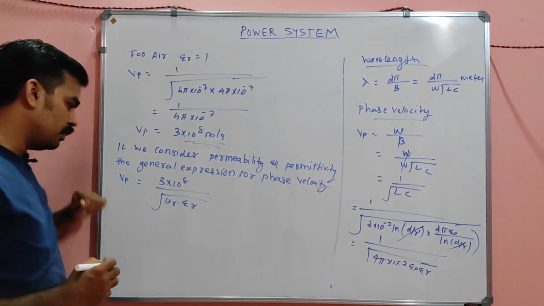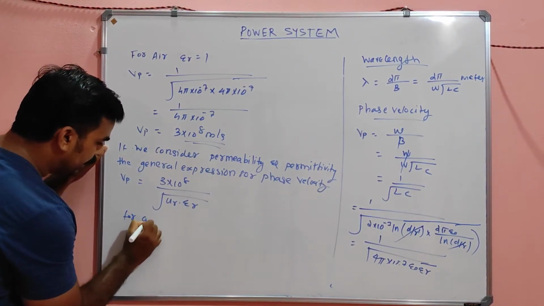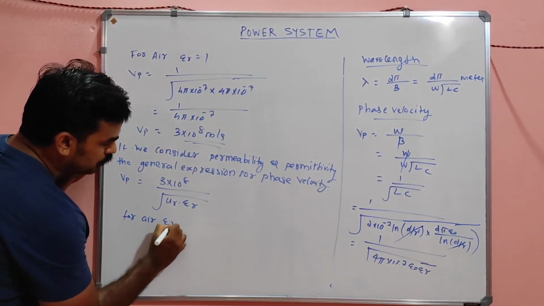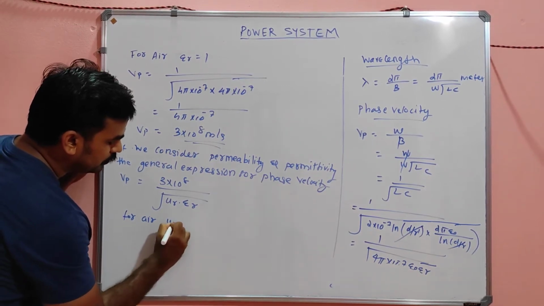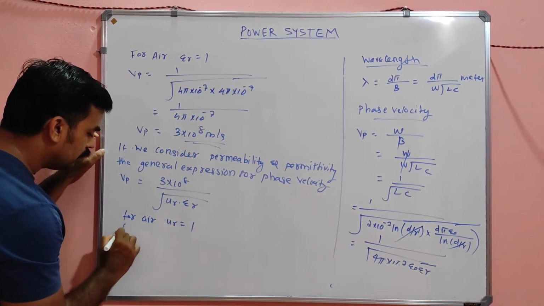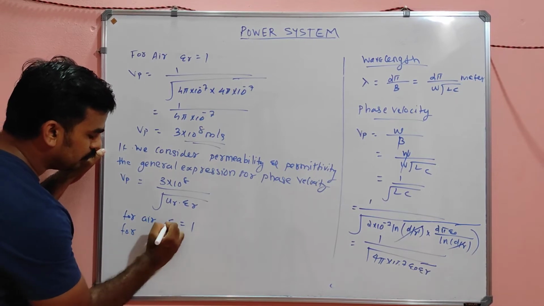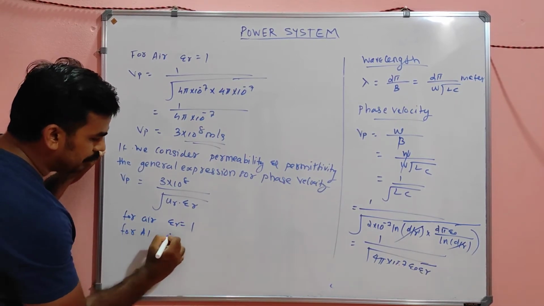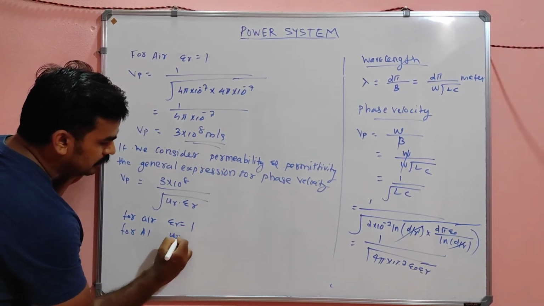For air, epsilon r is equal to mu r equal to 1. For aluminium, mu r is equal to 1.